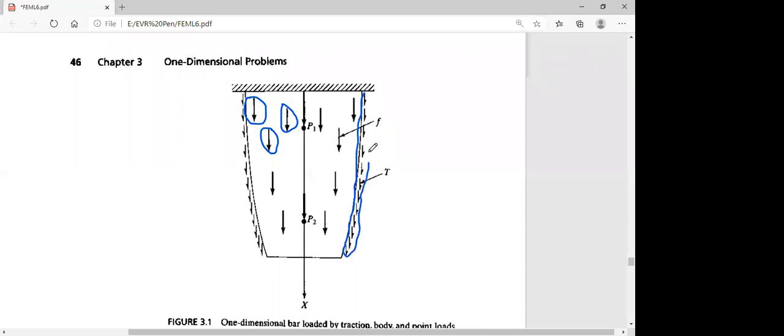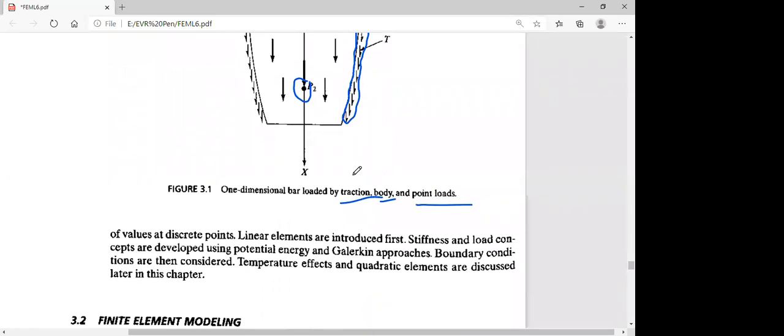And these are point loads: this is one point load, and this is another. In this problem, the structure is a one-dimensional body, but it is a tapered structure. The shape of this body has a taper.